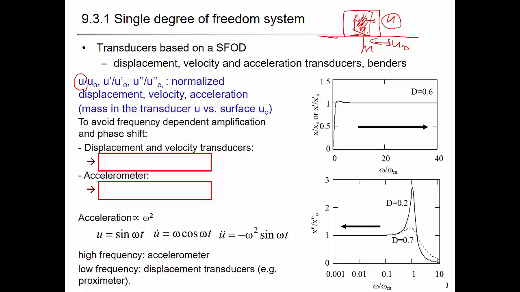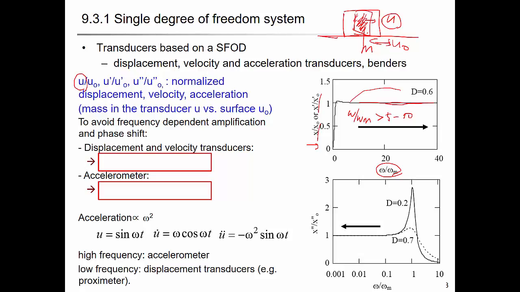And when you normalize the displacement, velocity, and acceleration by the ground response, then you get this kind of curve. This is a typical single degree of freedom system transducer. This is the displacement and velocity, and this is omega over omega m, where omega m is the resonant frequency. But here you have exactly the same response when omega over omega m is larger than around 5 to 10.